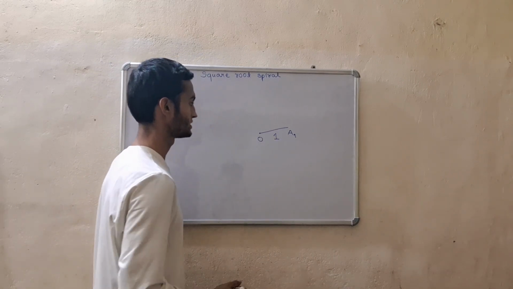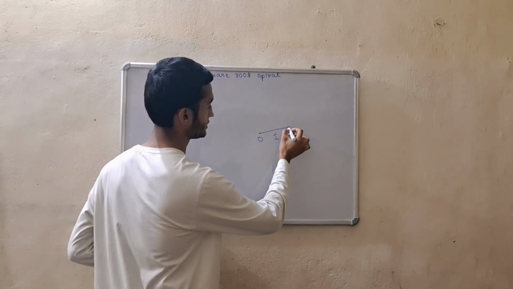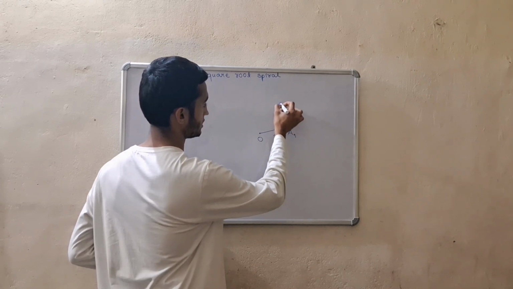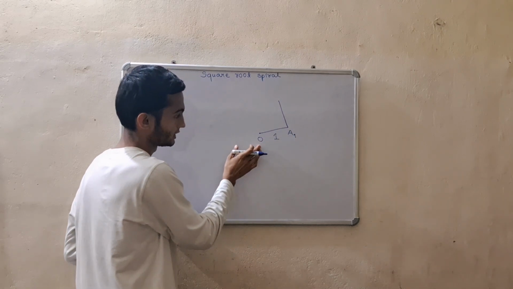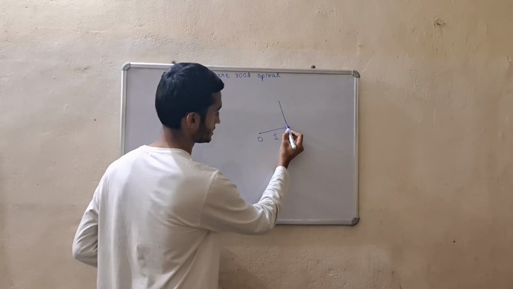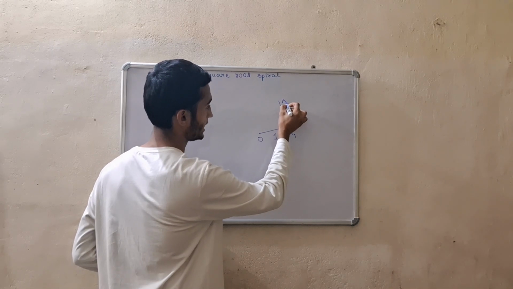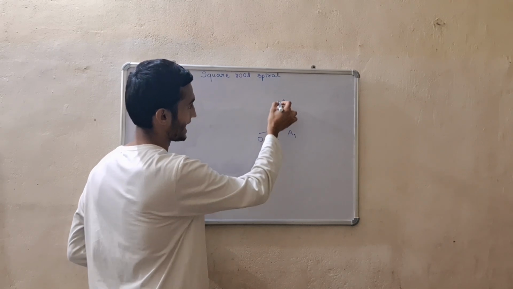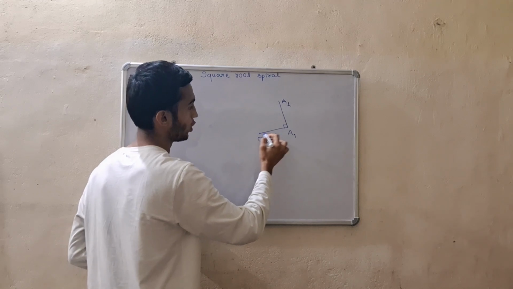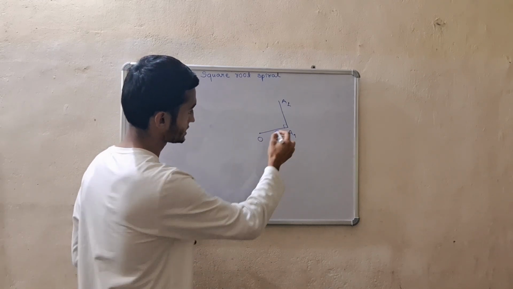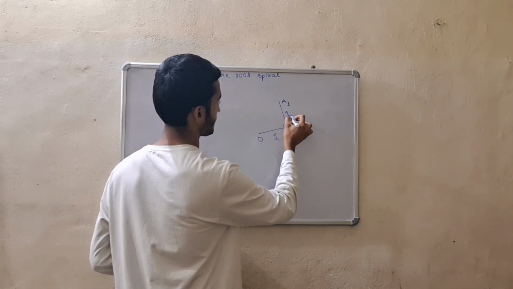Now you draw another line segment which is perpendicular to the previous one. Let's call it A1A2, and this is perpendicular to OA1, and this is also of unit length.